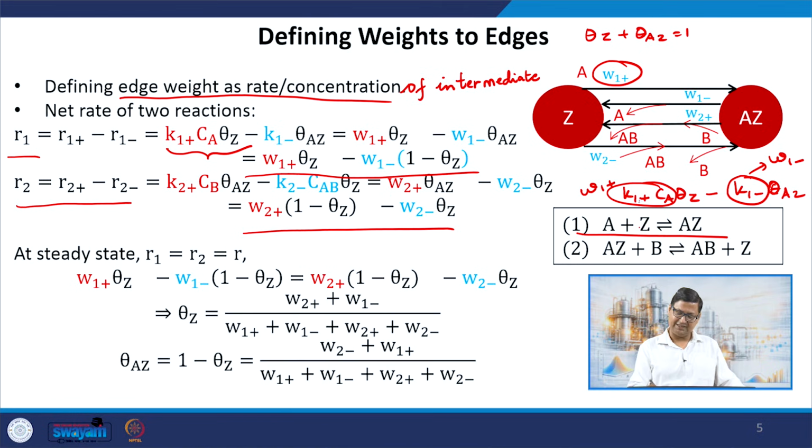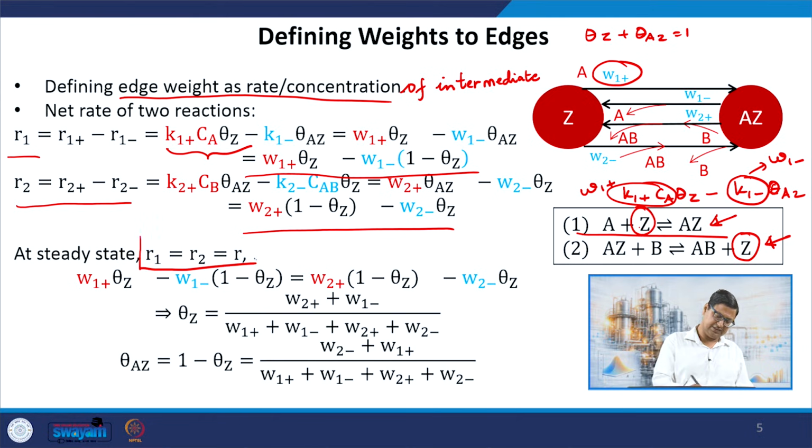So if Z is getting consumed here and Z is getting formed here, then in the overall scheme, the net rate of the first reaction should be equal to the net rate of the second reaction, because if it is not, then there is going to be an accumulation of Z and Az, which I don't want. So therefore, we are going to set R1 equal to R2 equal to R.